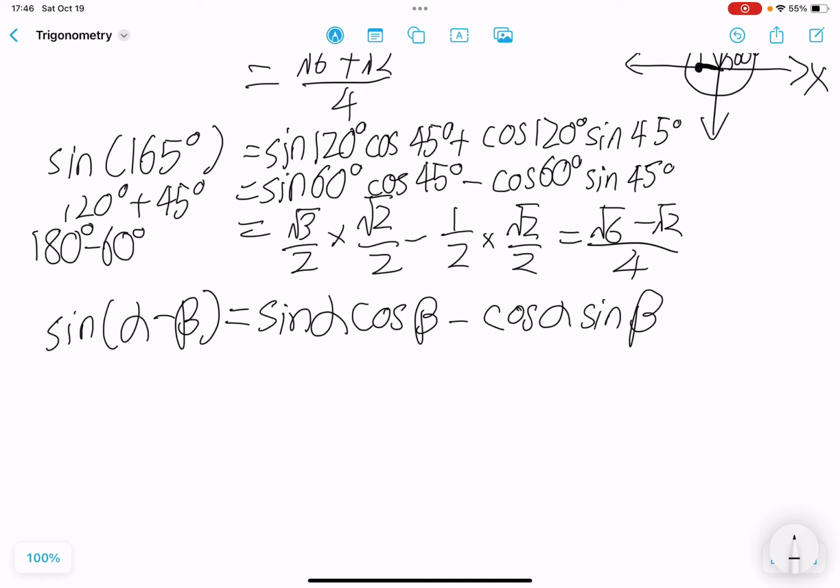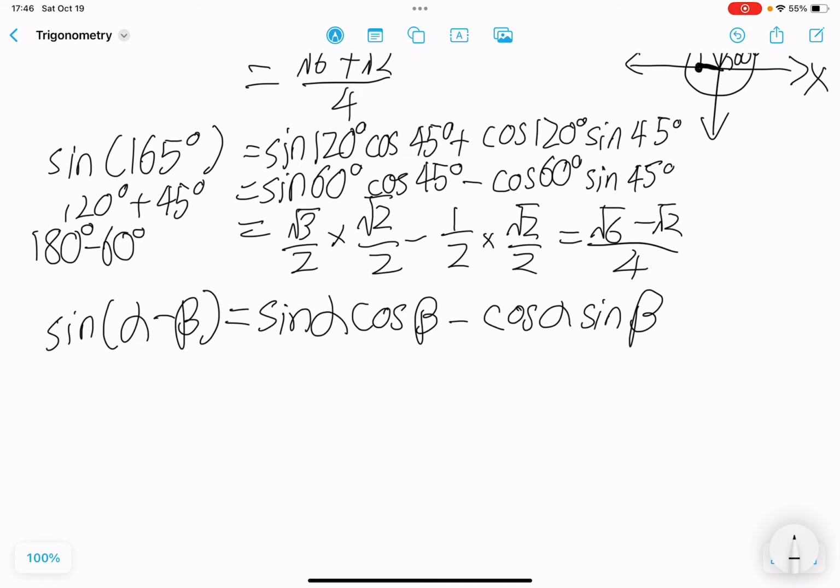Notice that this formula looks kind of like the one over here. It's like alpha is 60 and beta is 45. It seems like the sine of 165 is the same as the sine of 60 minus 45, which is sine 15.